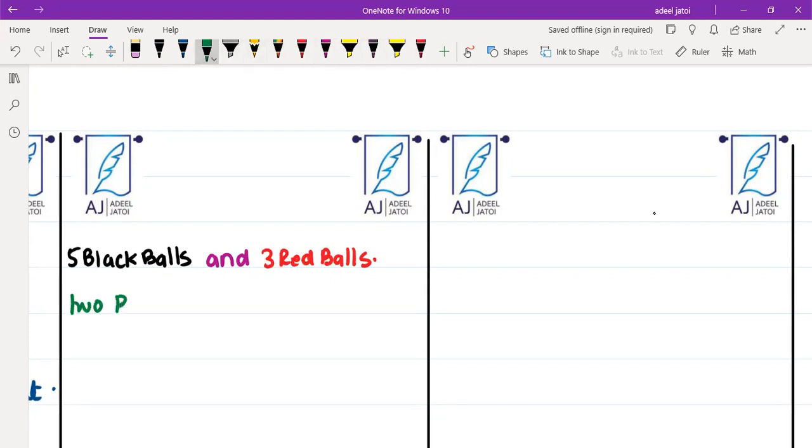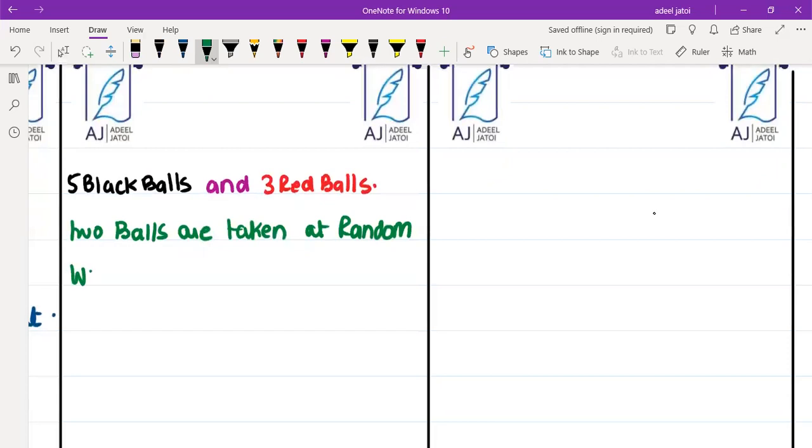Two balls are taken at random. Let's say with replacement. What does with replacement mean? Total number will not change, it will remain the same.